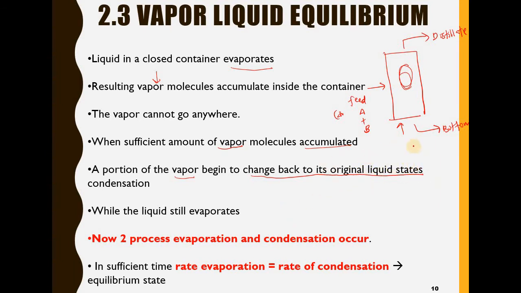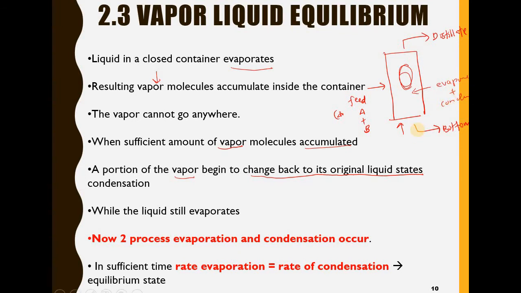So when the vapor condenses into liquid and the liquid still evaporates, there are two types of process occurring inside this column, which we call evaporation and condensation.